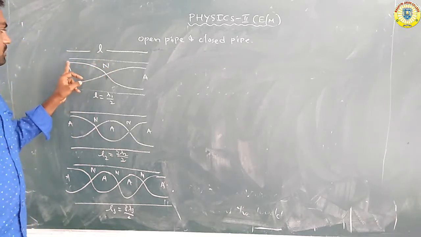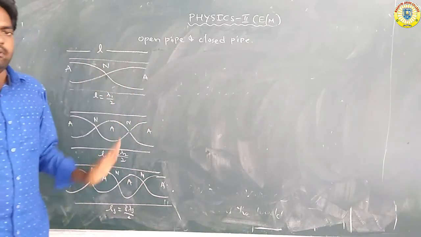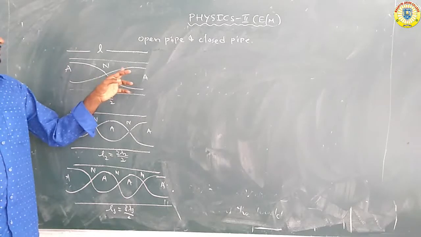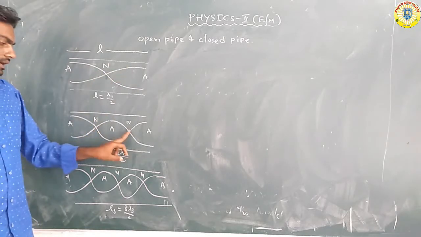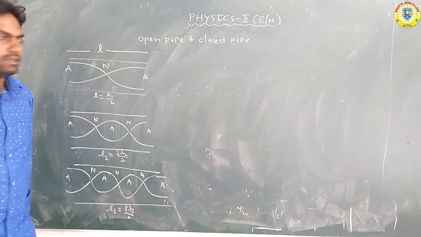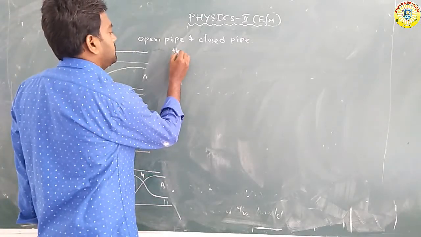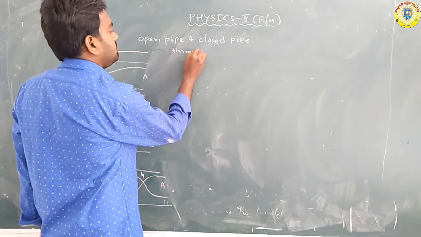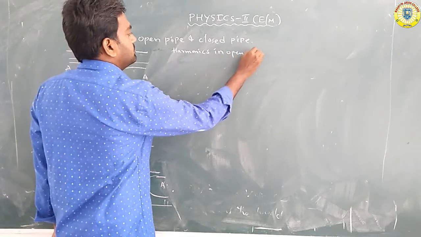The sound wave is sent through the pipe and gets reflected, and the incident wave and reflected wave overlap. Now we discuss the harmonics, the frequency ratio of the harmonics in an open pipe.